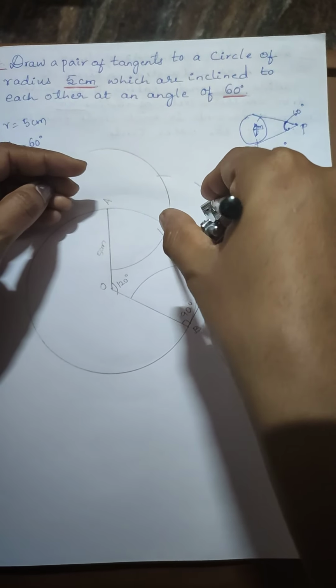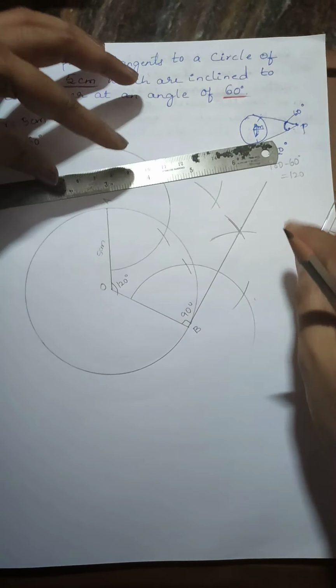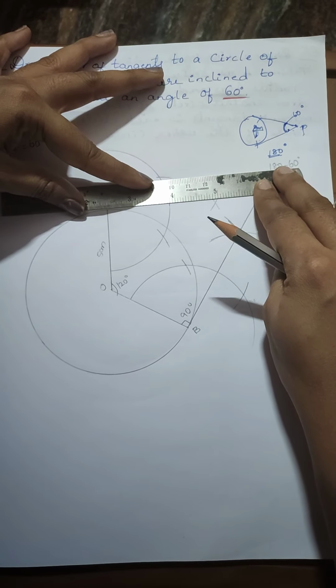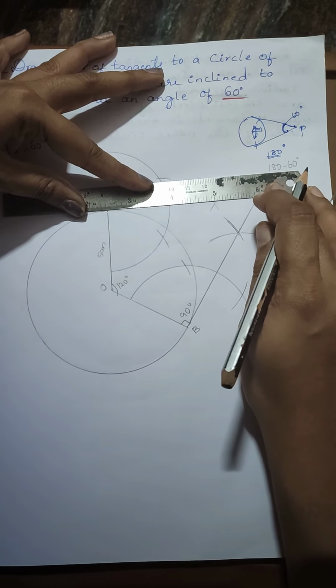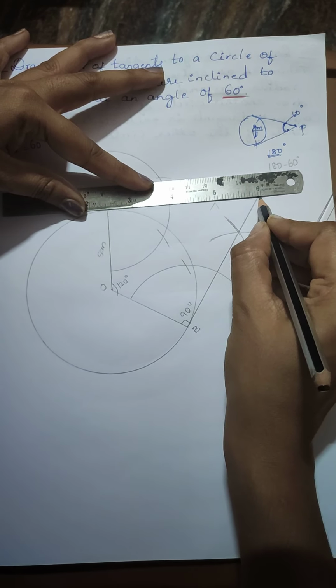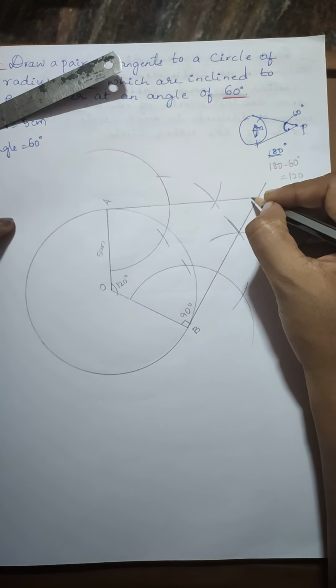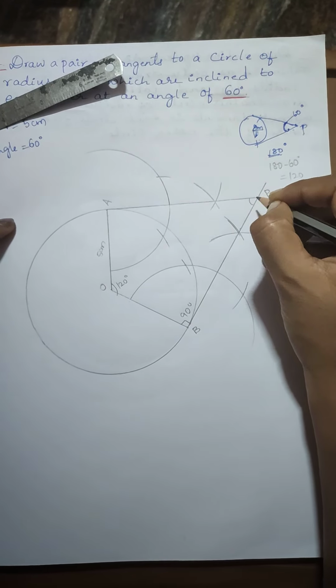So here also you draw a line from A. Now both lines meet at this point. Take this point as P.